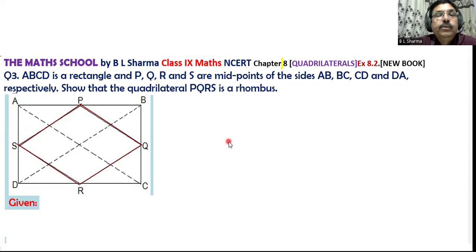पैरेललोग्राम को प्रूव करने के लिए जरूरी है कि हम ये प्रूव करें कि इसकी opposite साइड्स इक्वल है. कैसे प्रूव करते हैं हम बाद में लिखेंगे, पहले मैं इसको एक्सप्लेन कर देता हूं. हाउ टू प्रूव.